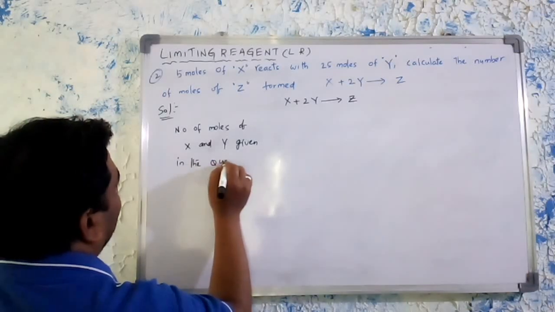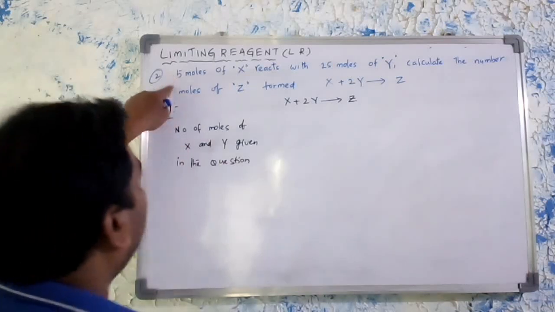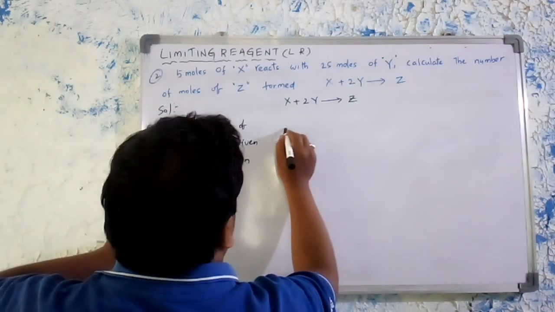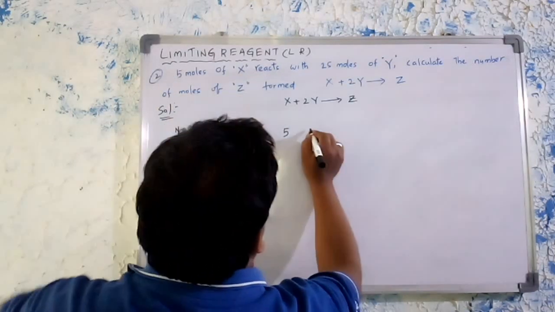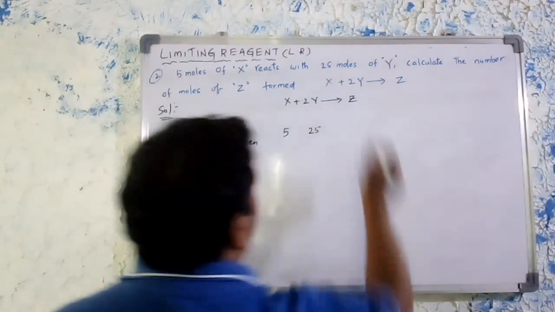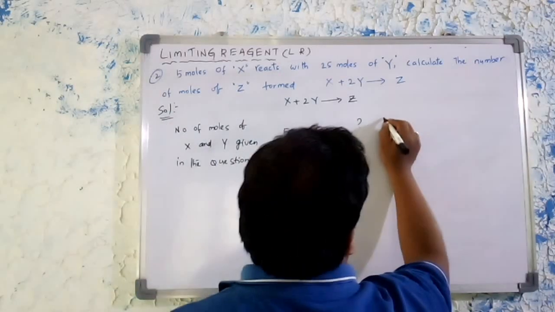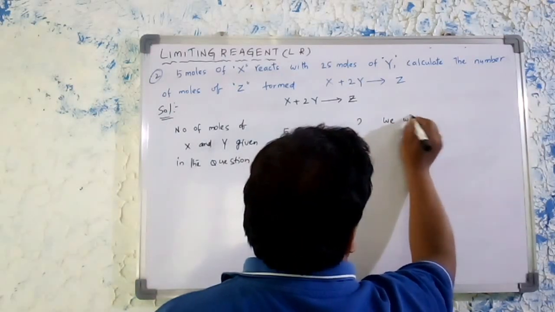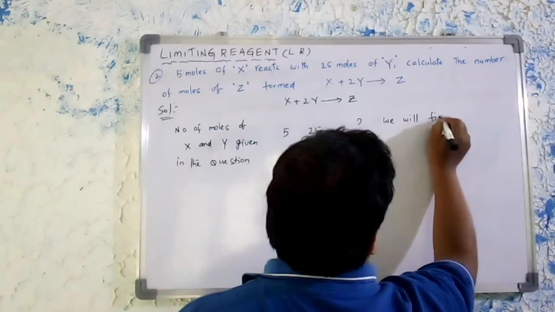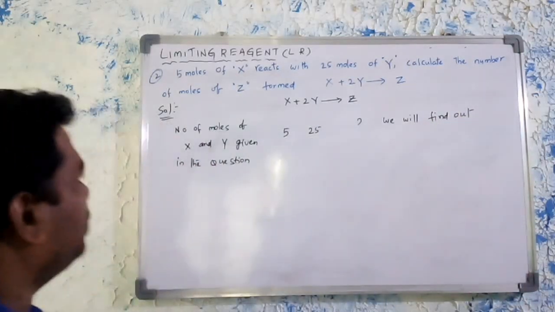So first of all we will write the data. Here in the question, 5 moles of X and 25 moles of Y react to form the product. So we will find out the number of moles of Z, that is the question mark.